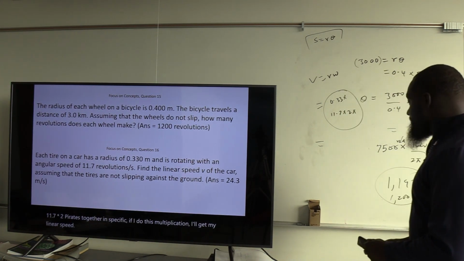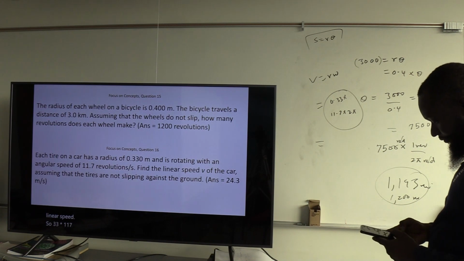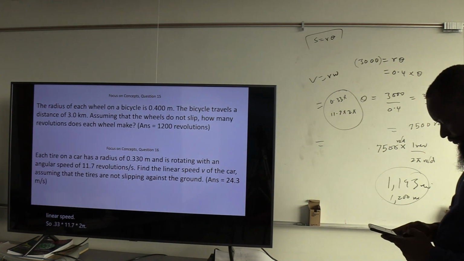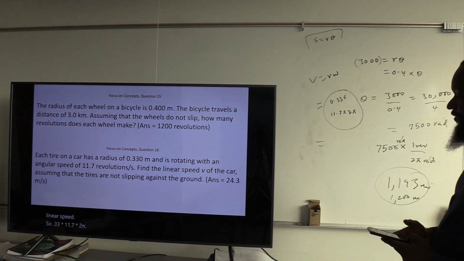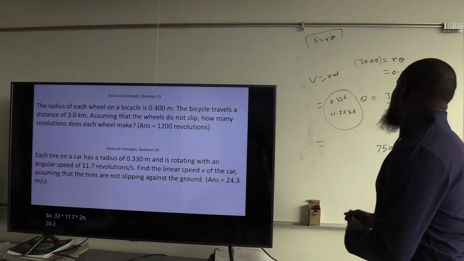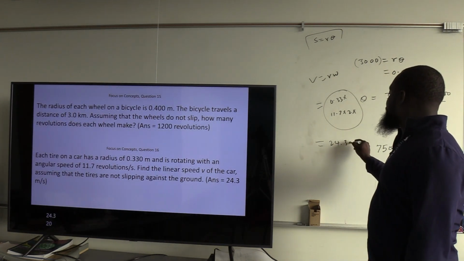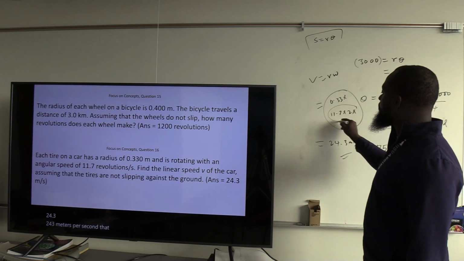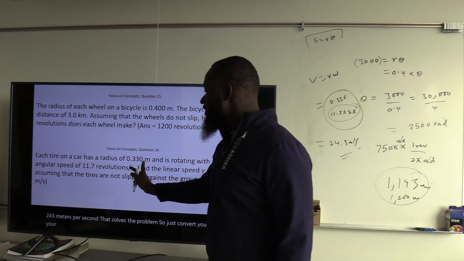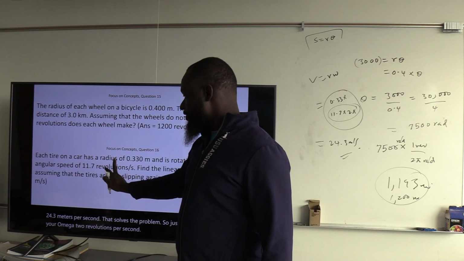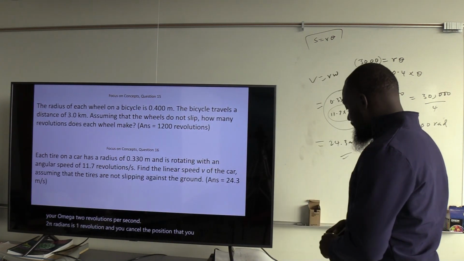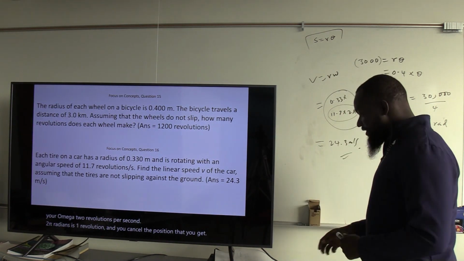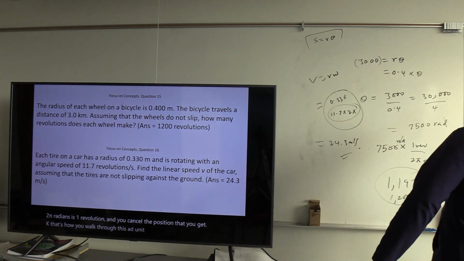So 0.33 times 11.7 times 2 pi, that's about 24.3 meters per second. That solves the problem. So just convert your omega from revolutions per second. 2 pi radians is 1 revolution, and you cancel revolution, and then you get that times 2 pi. Okay, that's how you work with the SI units. So we'll go to the next problem.